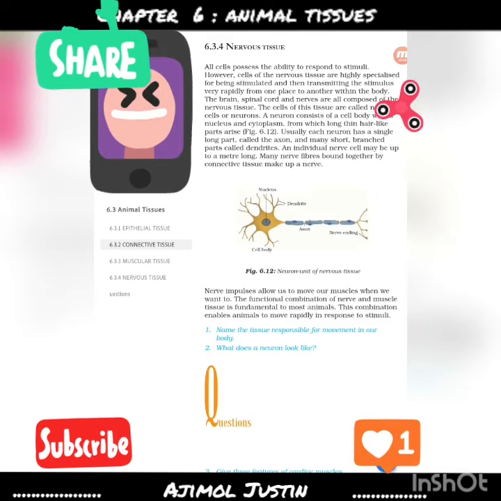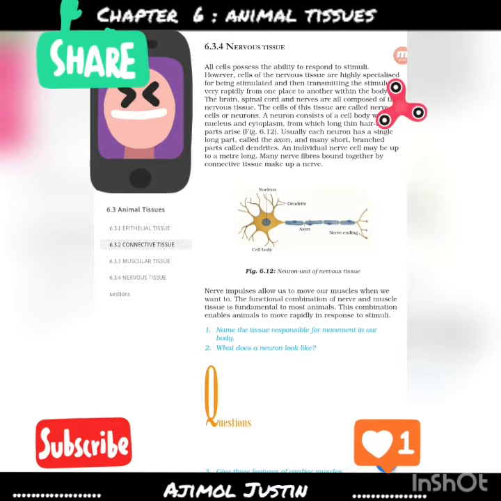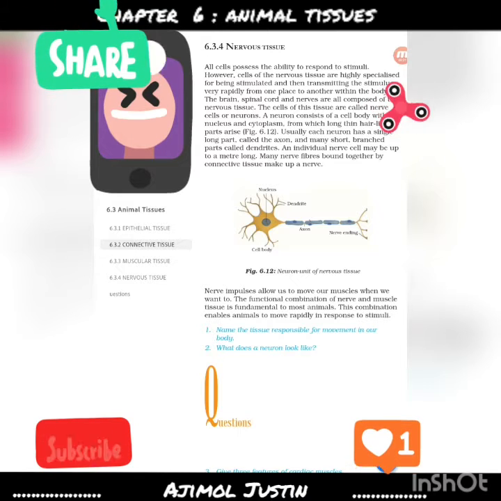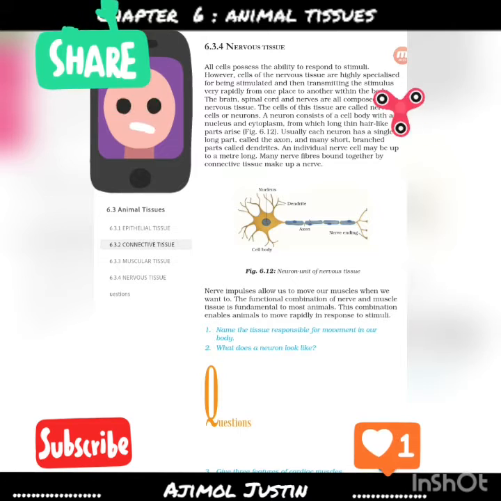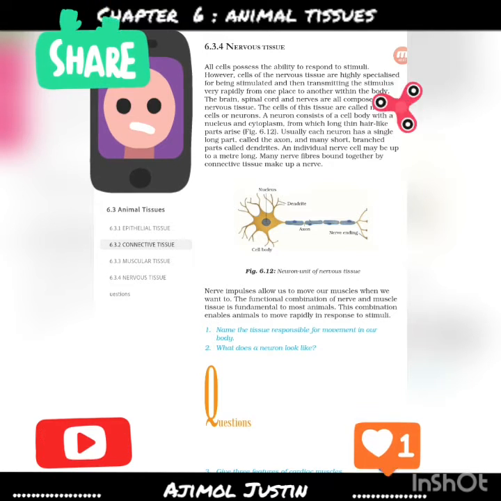This should be a very fast process, right? It should not take so much time. Like, let the needle prick me, let me feel the pain, and then I will take back my hand. No, this is a fast process. So this rapid process is taken up by specialized cells, and those cells are called neurons.